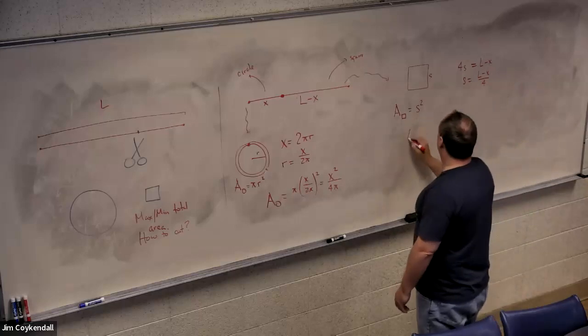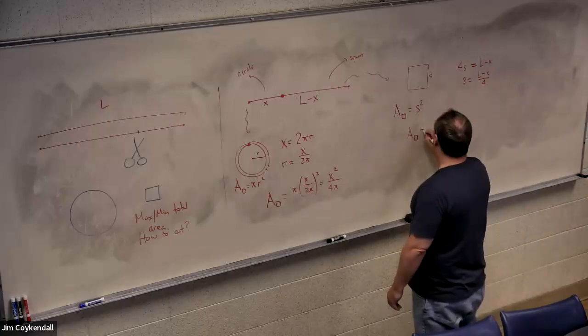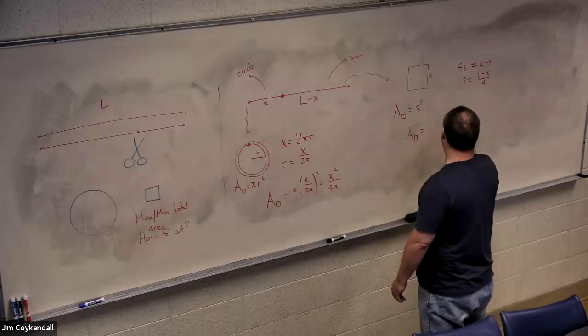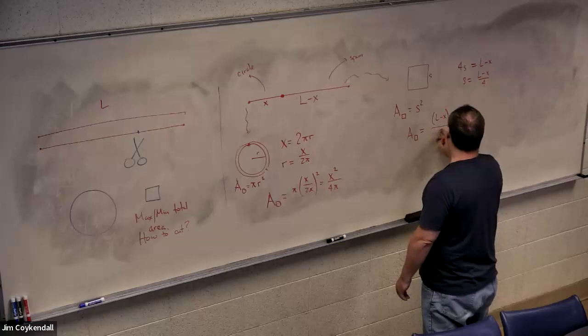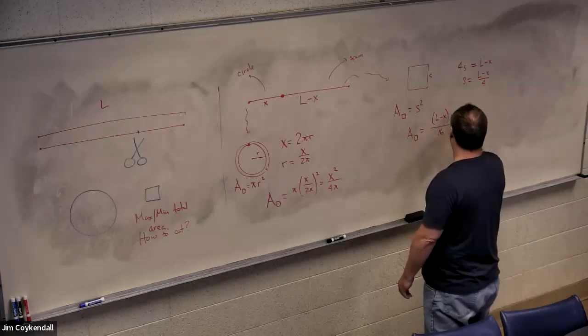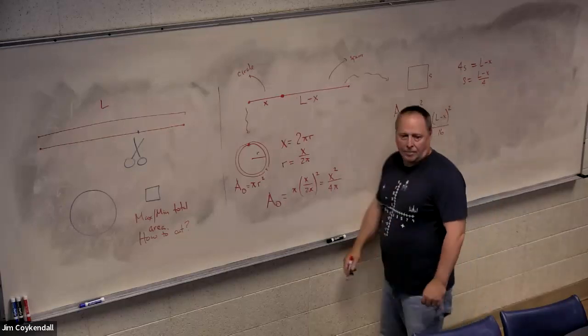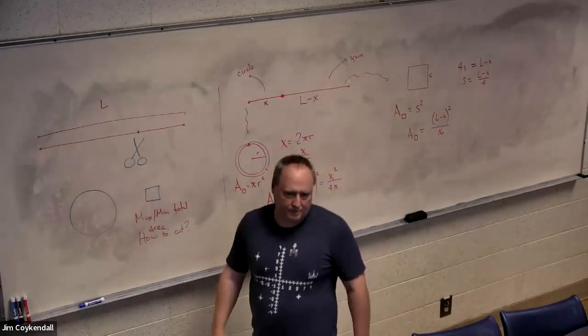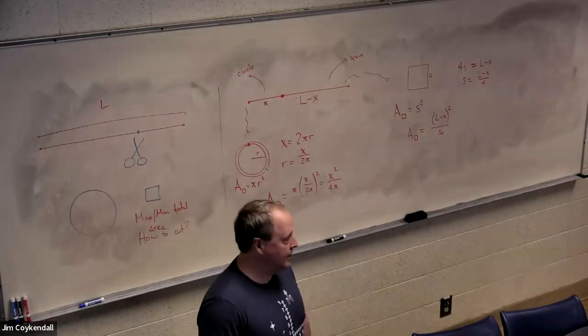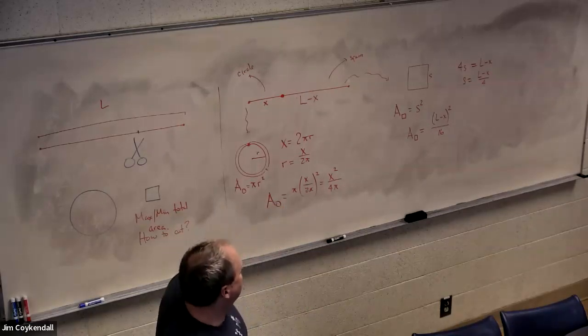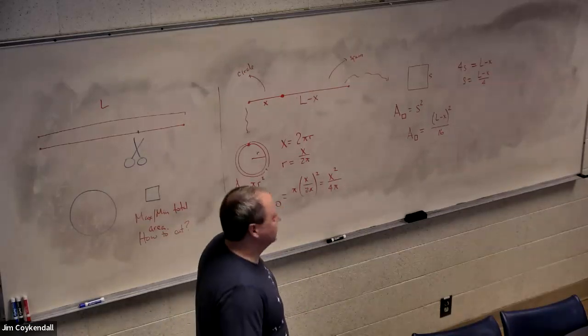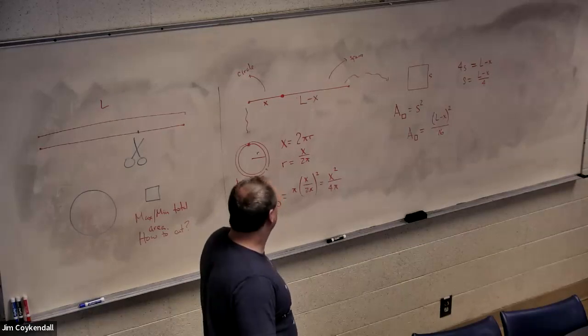So my area of the square is equal to S squared, which is L minus X over 4, squared. That's L minus X squared over 16. Do I get so far?